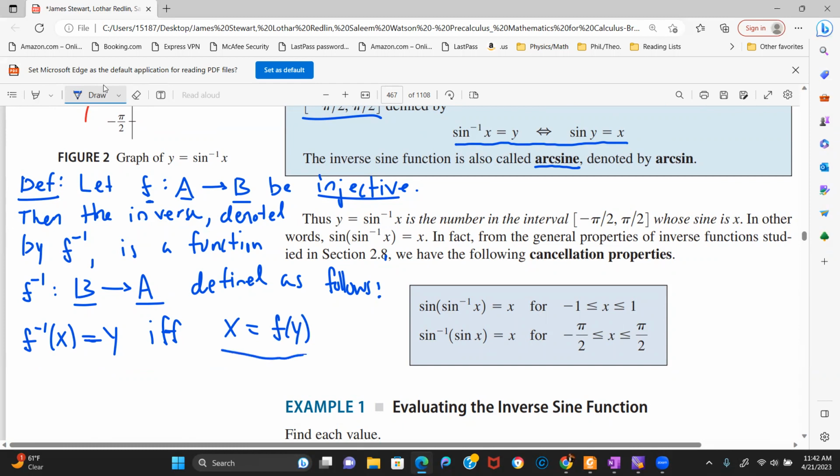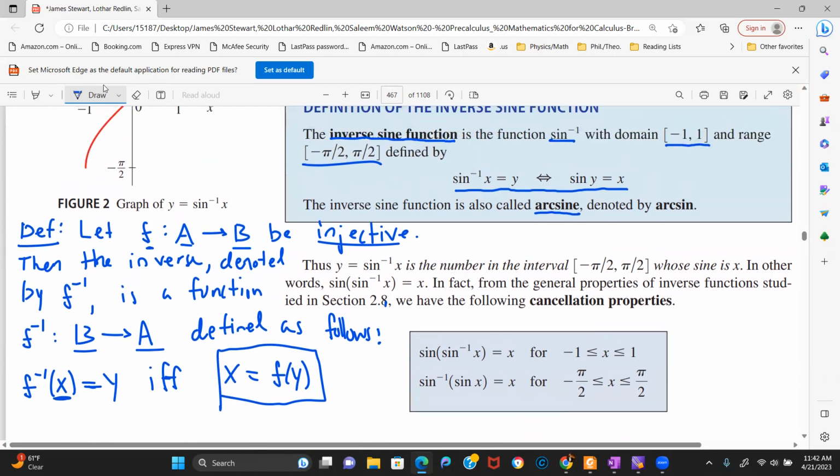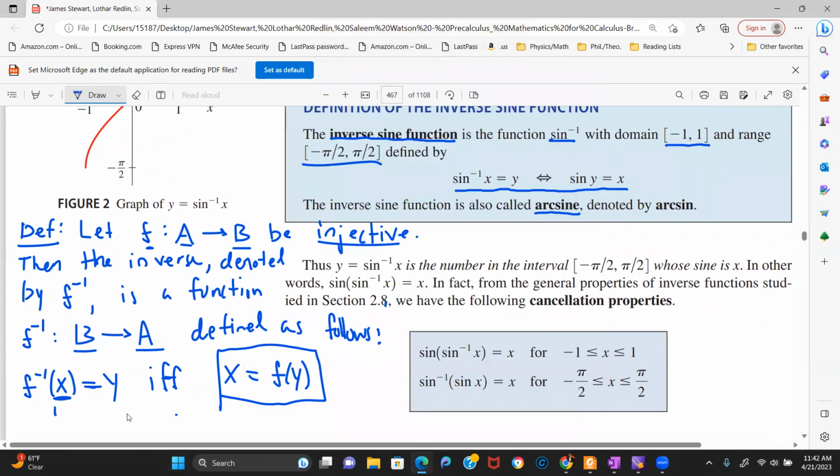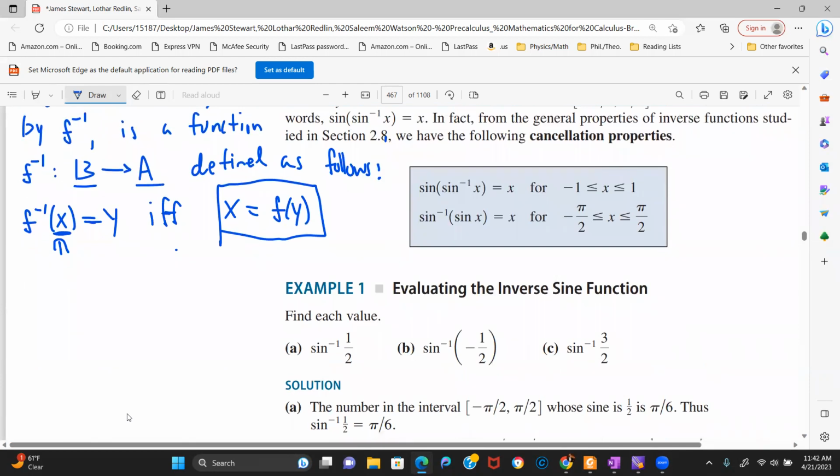So this gives you a way of determining what an inverse function does to a given input. So you say, okay, I want to apply f inverse to some point x, and x is going to be in B, because f inverse is a function from B to A, and then y is going to be some point in A. You don't know what y is, but you know that f inverse sends x to y, whatever it is.